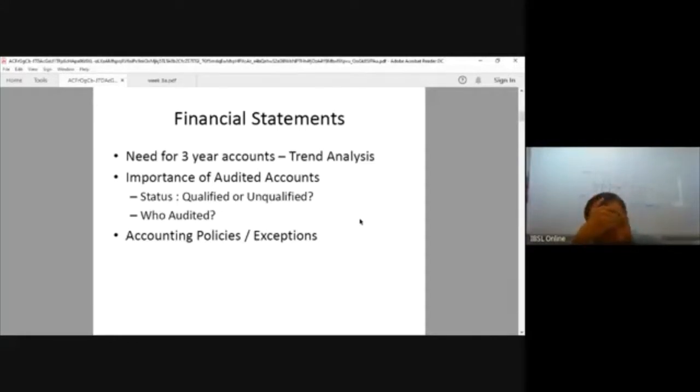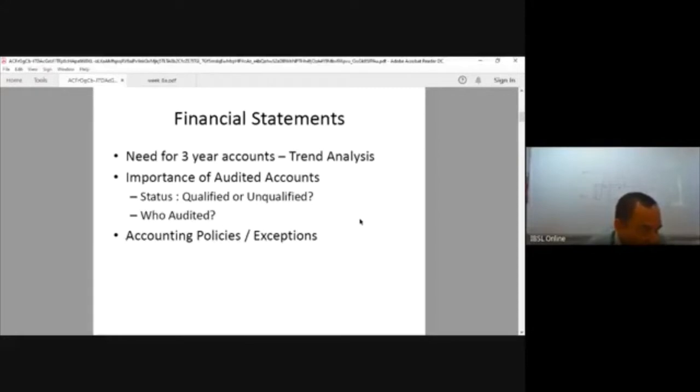when an auditor gives a report, you find the auditor's report before the financials in the set of accounts.